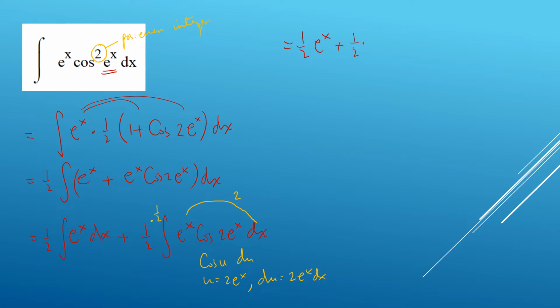So 1/2 times 1/2, and the integral of cosine u is sine of u, or sine of 2e to the x plus c. So our final answer is 1/2 e to the x plus 1/4 sine of 2e raised to x plus c.